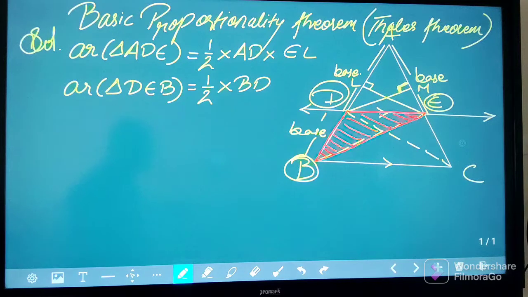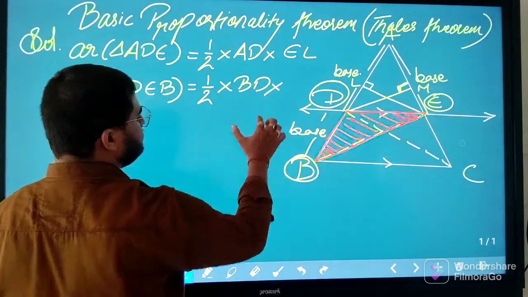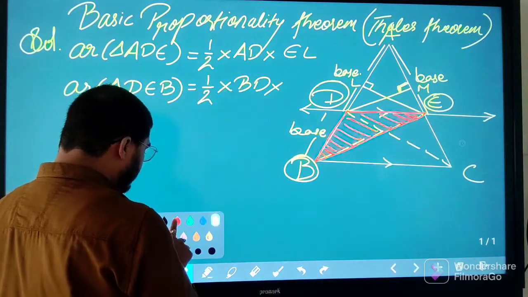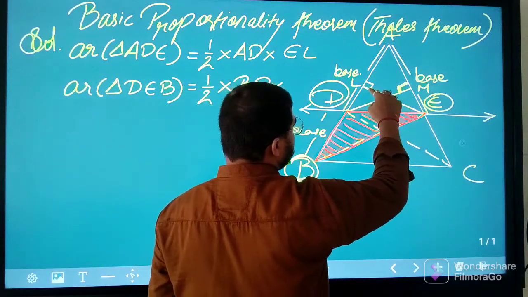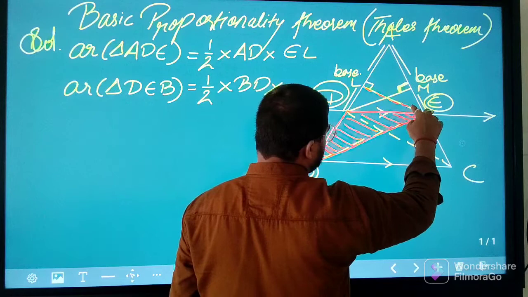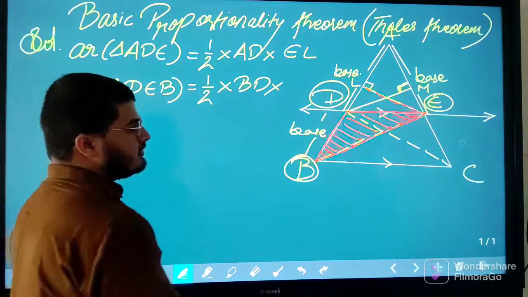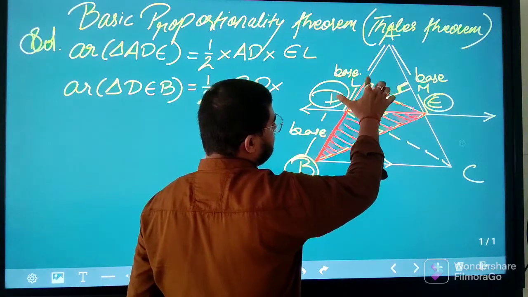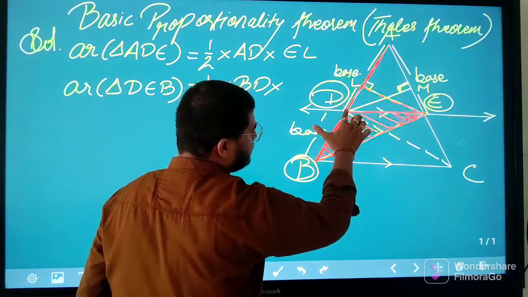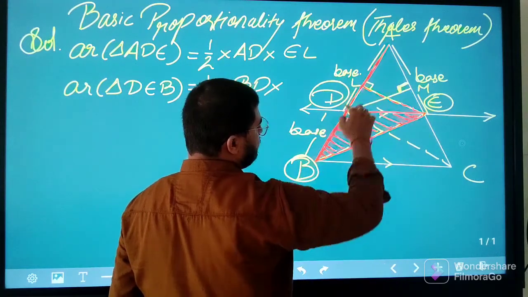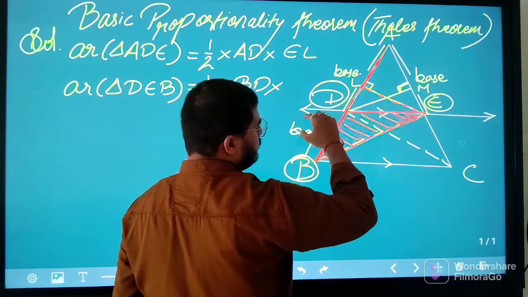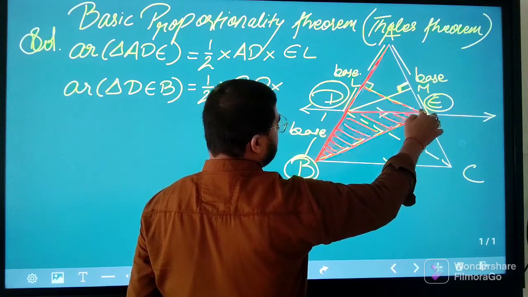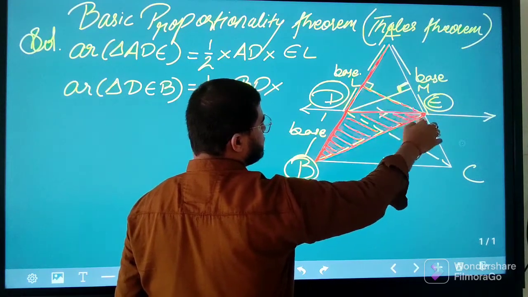BD is acting as base multiplied by height. So what will be the height of this triangle? The height of this triangle will be no other than the side EL, because the base of both the triangles is the same if we produce it. So a point which is opposite to them, that is E, a perpendicular line from it is going to be the height.